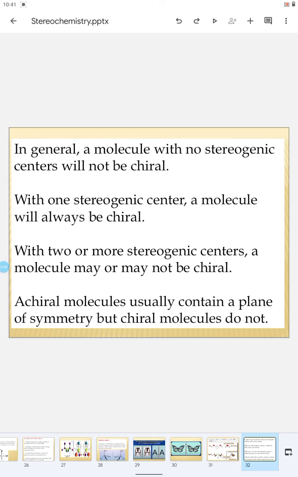For example, 2-chloropropane has a plane of symmetry and is said to be achiral, and 2-chlorobutane does not possess a plane of symmetry and is said to be chiral. A compound having a plane of symmetry is optically inactive and is called a meso compound.